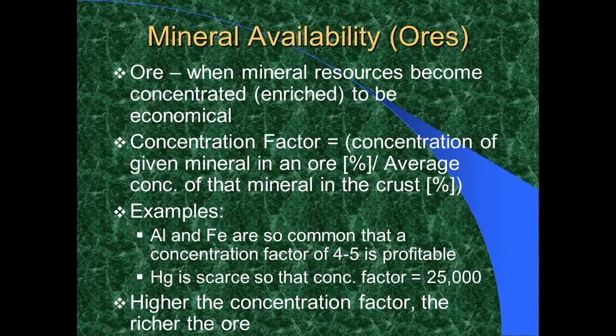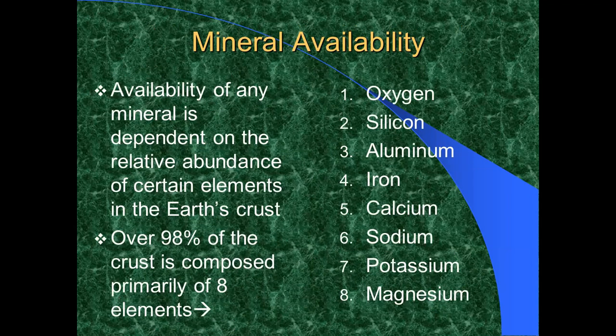Now, because the concentration factor depends on how abundant or rare a mineral is in the Earth's crust, we need to know the most abundant elements in the Earth's crust. Because if these minerals have these elements in them, they're going to be more common and are going to require a lower concentration factor to be profitably mined.